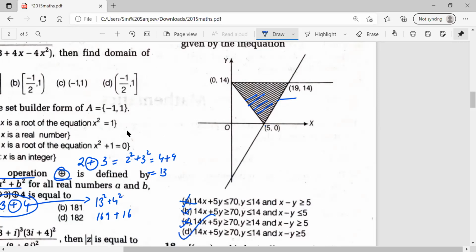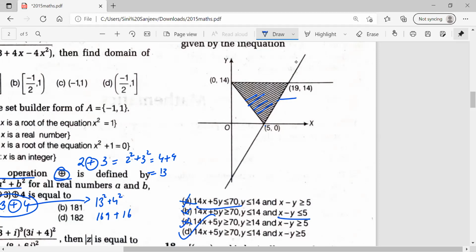How many of you don't understand this question? The 17th one. So Vrishang, only by using the shaded region I am explaining this. See, if I want to take this thing x minus y less than or equal to 5, correct? Or else let's take 14x plus 5y less than or equal to 70.